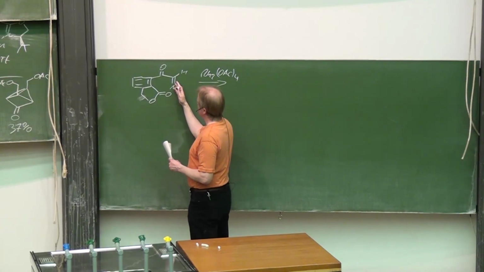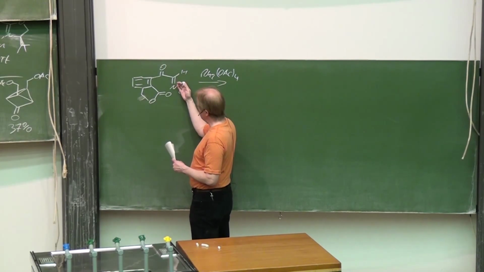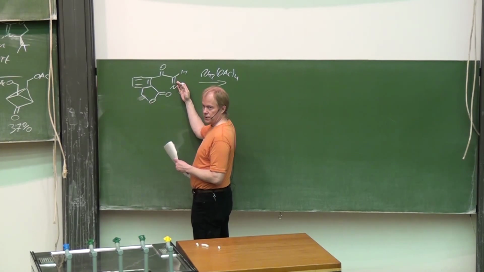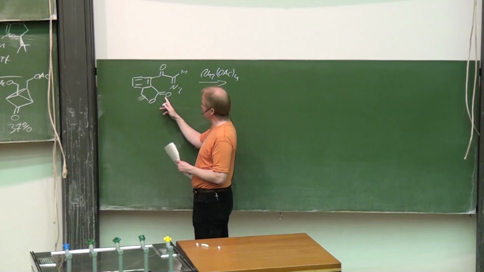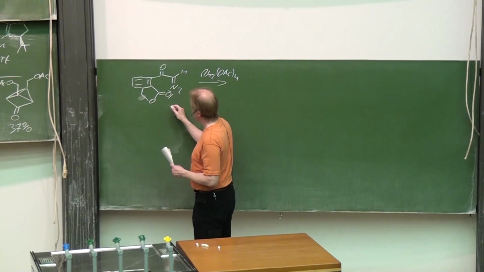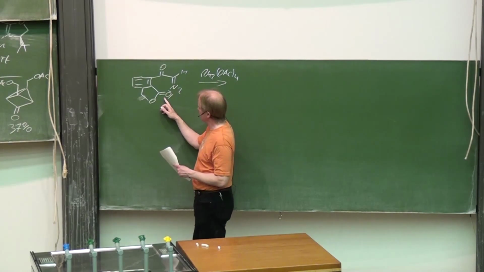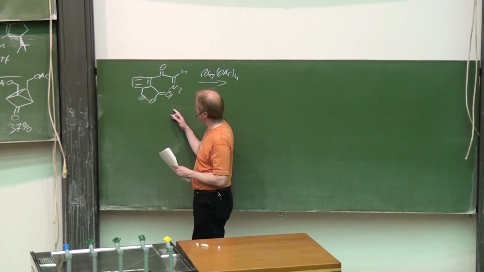A rhodium carbene complex is formed. Now we don't have an olefinic moiety present for the reaction. In close proximity is that carbonyl group of the lactone. So interaction with the free electron pairs of the carbonyl group.